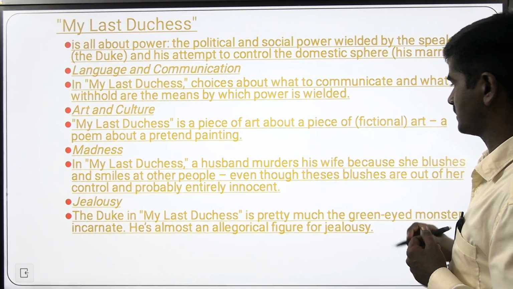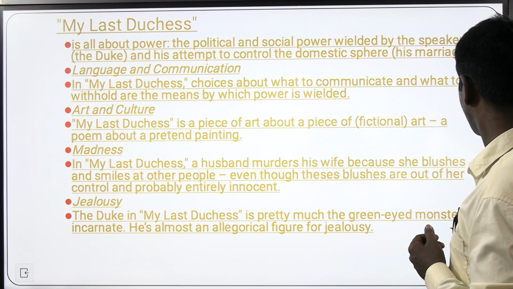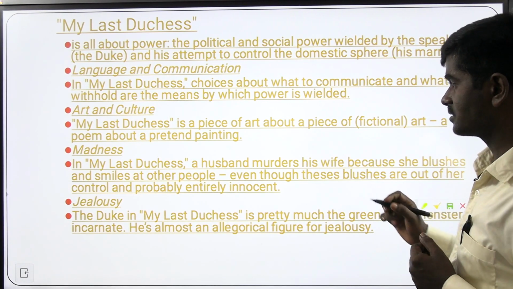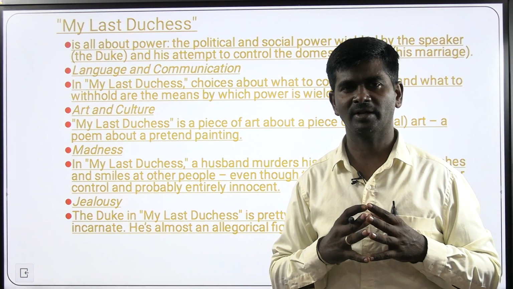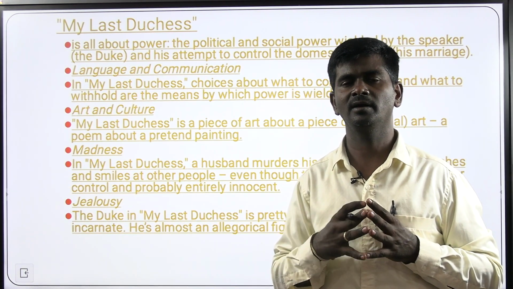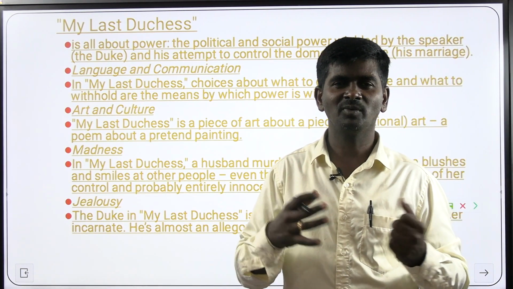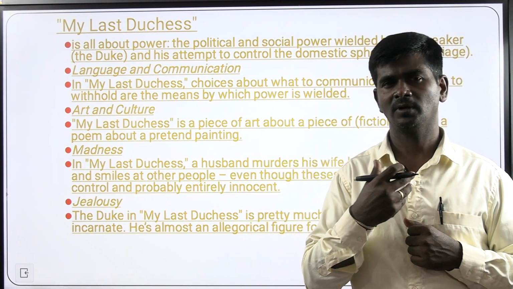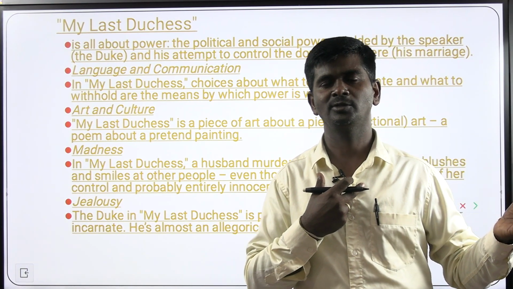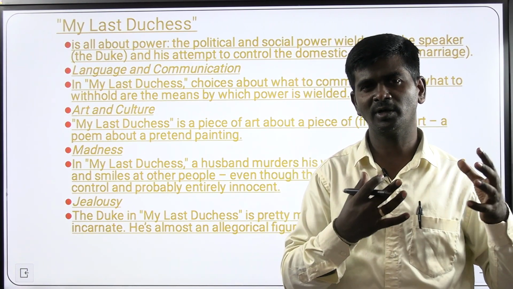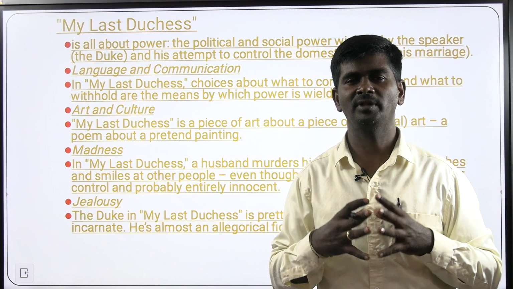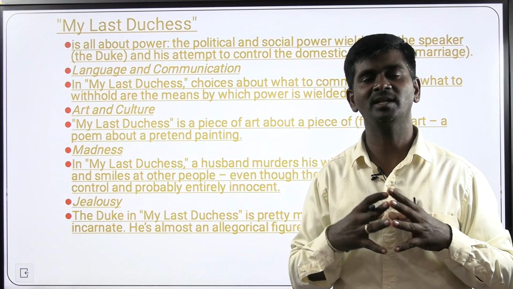Next, My Last Duchess. Again, you see the Duke of Ferrara, the speaker, speaks and interacts with an emissary. He says he was able to kill his wife because she laughed with him, with soldiers, with other people. She was not able to laugh only with the speaker himself.